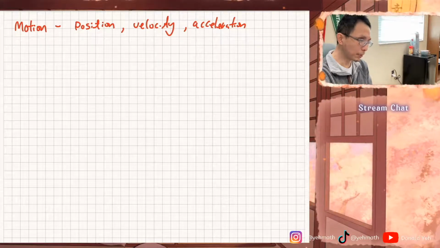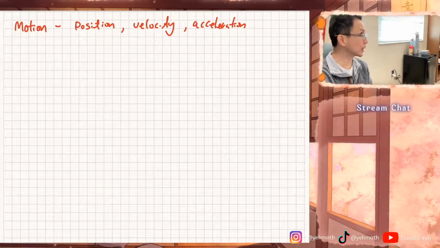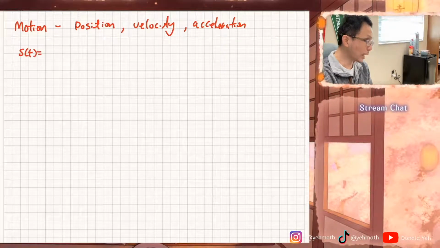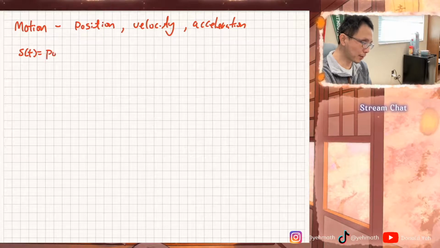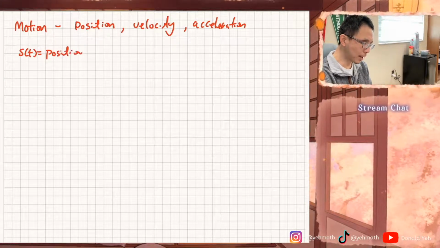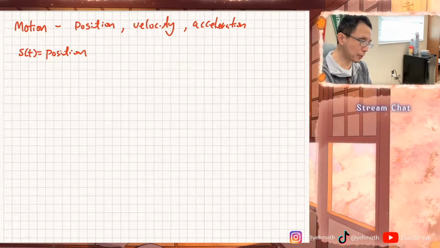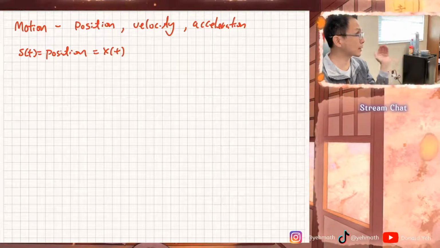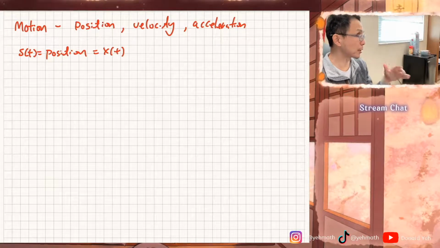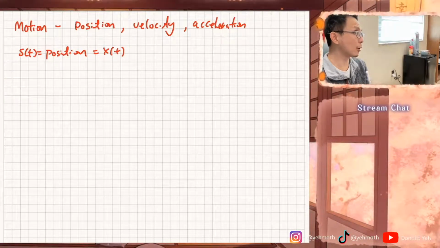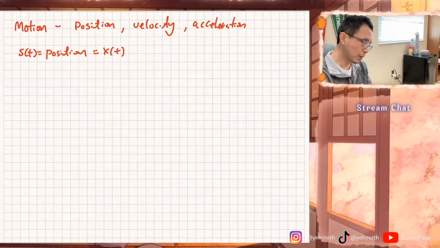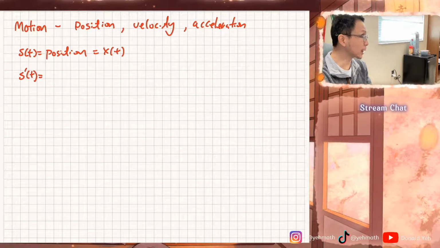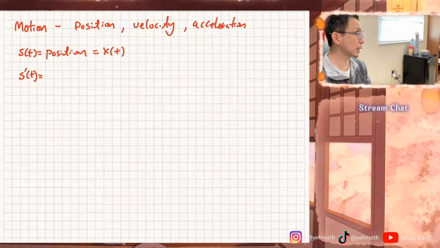So first of all, let's talk about the notations. It's going to be s of t. I usually say that's the position. Now, some of the AP exam questions do use x of t. x represents a particle traveling in the x direction, which is the horizontal direction, so they can also call it x of t. So if I take a derivative of position, what am I going to get?